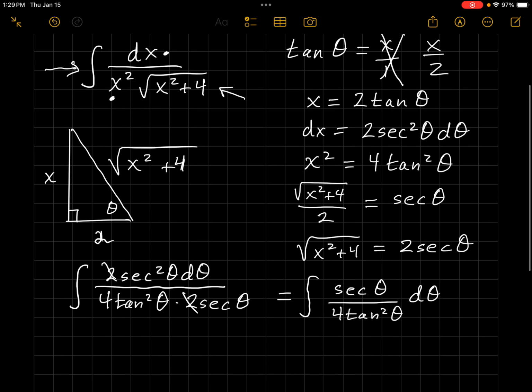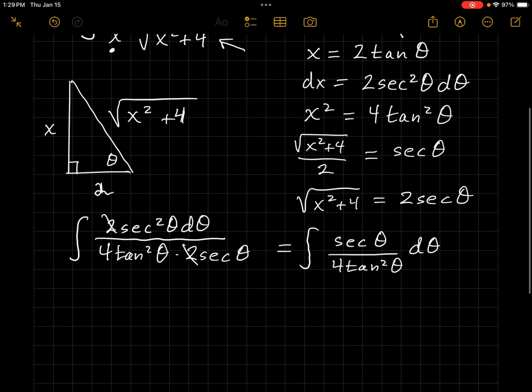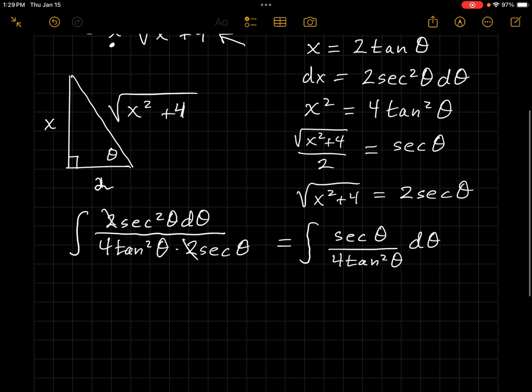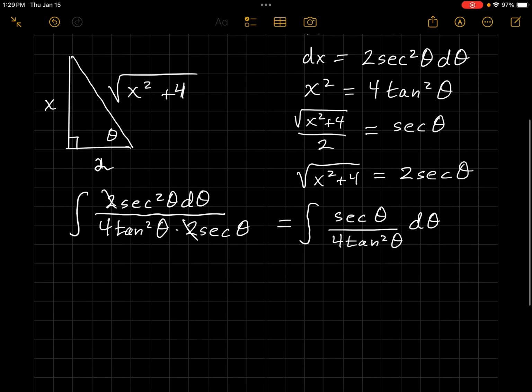Now there are different ways to handle this one. I do have a tangent squared, which could be rewritten in terms of secant squareds, but I think instead of doing that, I'll just try to change everything to sines and cosines.